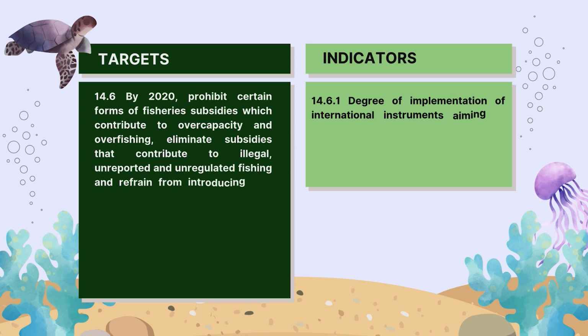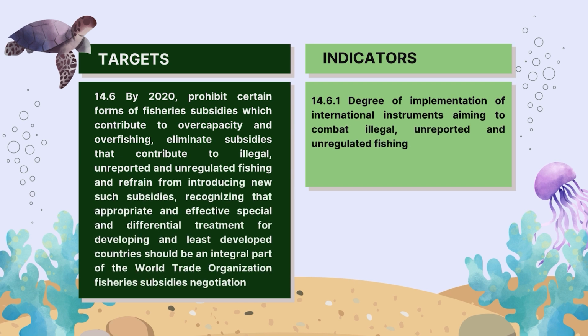Target 6 is on prohibiting certain forms of fisheries subsidies, because as I told you in the beginning of the discussion, every nation, every country globally used to give subsidies for different activities to improve fishing, to meet the demand when the stock of fish was in plenty, a few decades back.